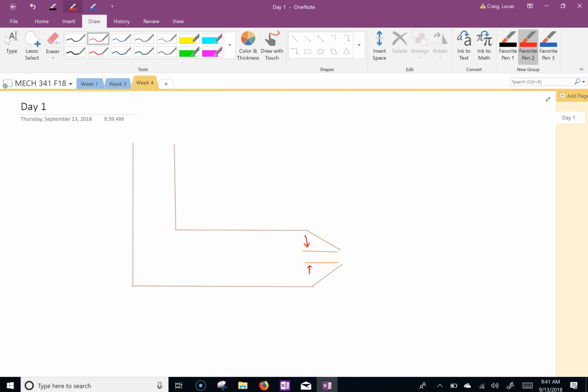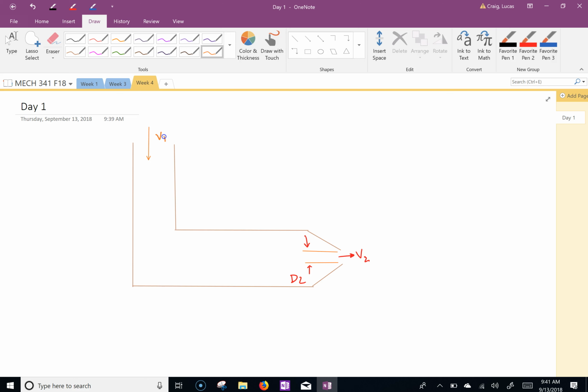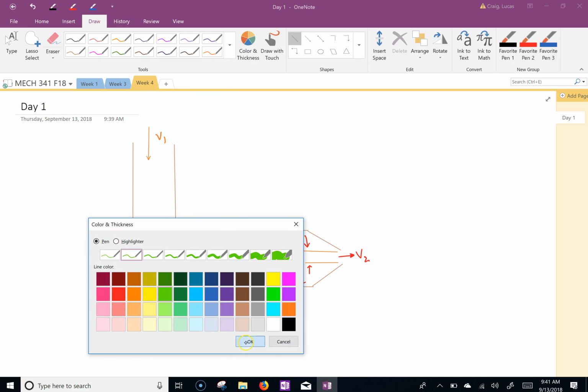So the diameter of this exit is D2, and it comes out here at V2. It comes in here at V1, and let's make it light green.